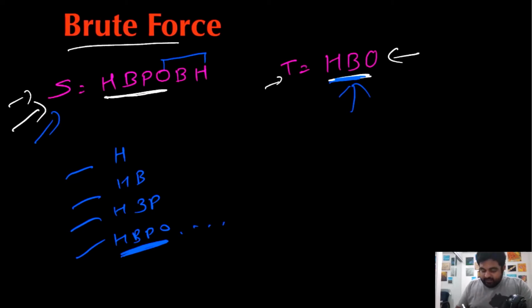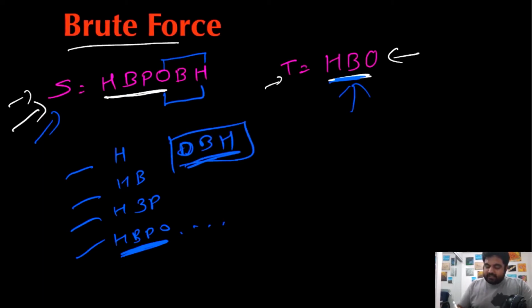Eventually we would find a substring that looks like this, OBH, that is the correct answer, and then we would return it as our solution. So this solution is guaranteed to provide the right answer, but this right answer is actually very costly.